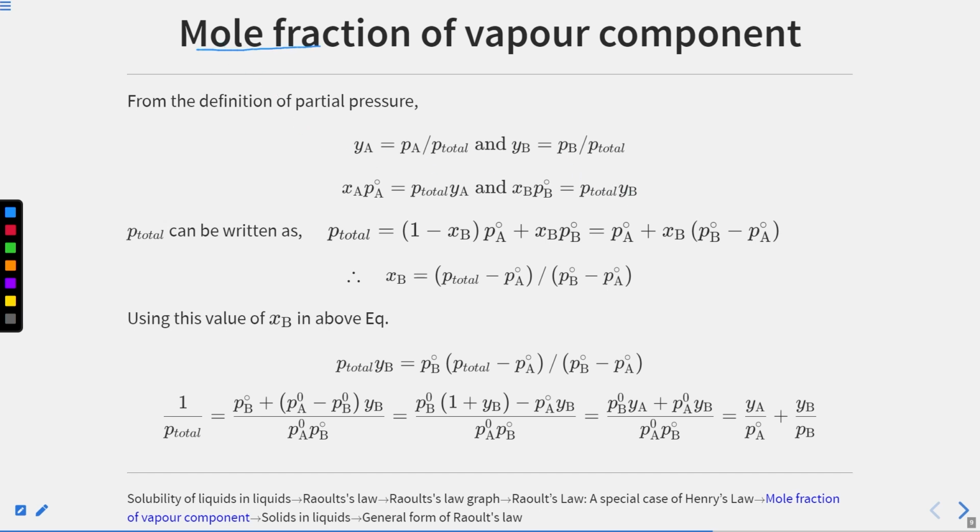Now we'll talk about the mole fraction of the vapor component. We have seen this formula earlier also. If we are talking about the A component, we'll write PA equals YA P total.